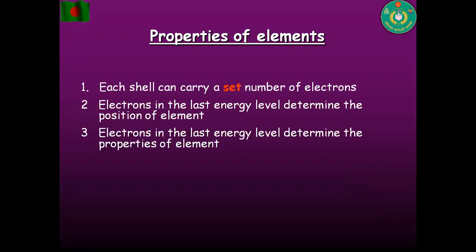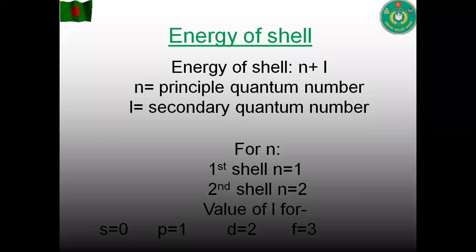Here, the energy level where electrons first enter is determined by applying the formula n plus l. Where the value of n plus l is lower, electrons enter first; if higher, electrons enter gradually. Here n is the principal quantum number: for the first shell n is 1, for the second shell n is 2, for the third shell n is 3, and for the fourth shell n is 4.